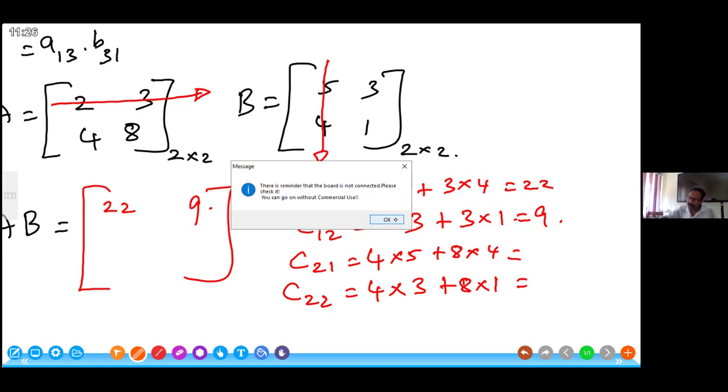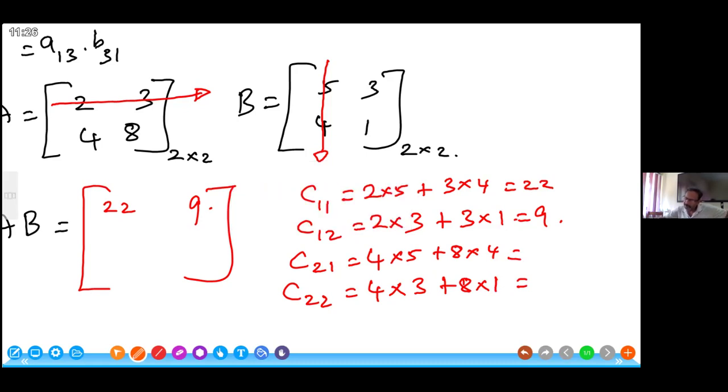So this is equal to how much? 52. Right. Very simple now.